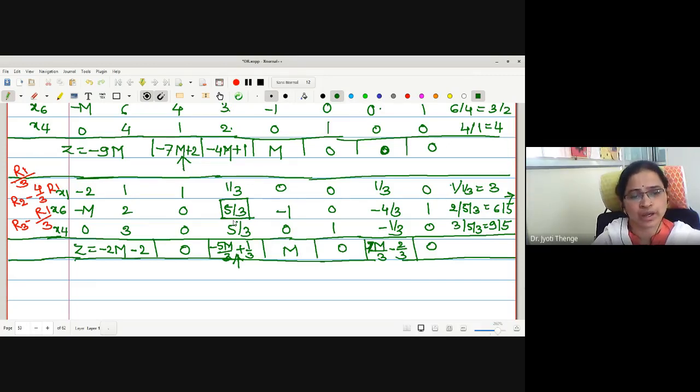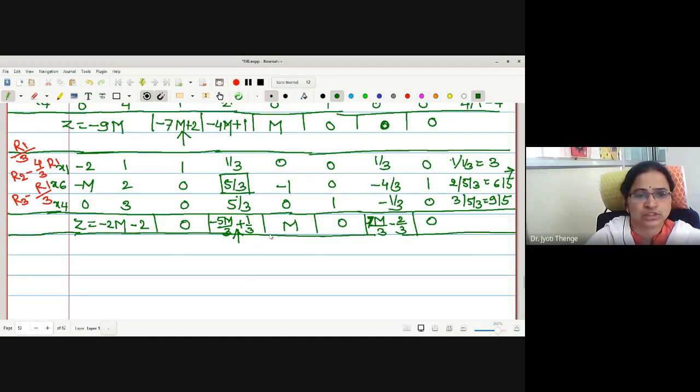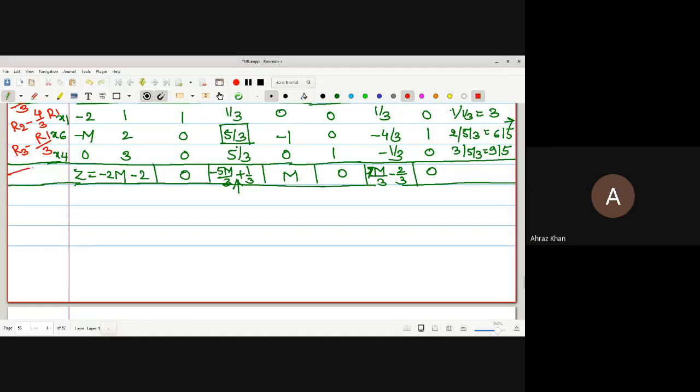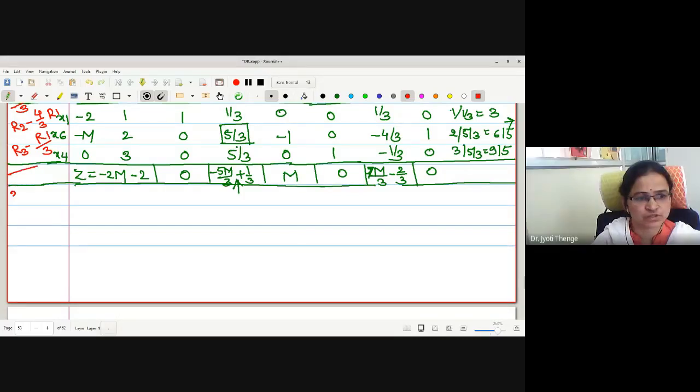Now, again we will convert this pivot to unity, remaining entries to 0. Tell me the row operations. 3 by 5 R2. Yes, first operation is 3 by 5 into R2.